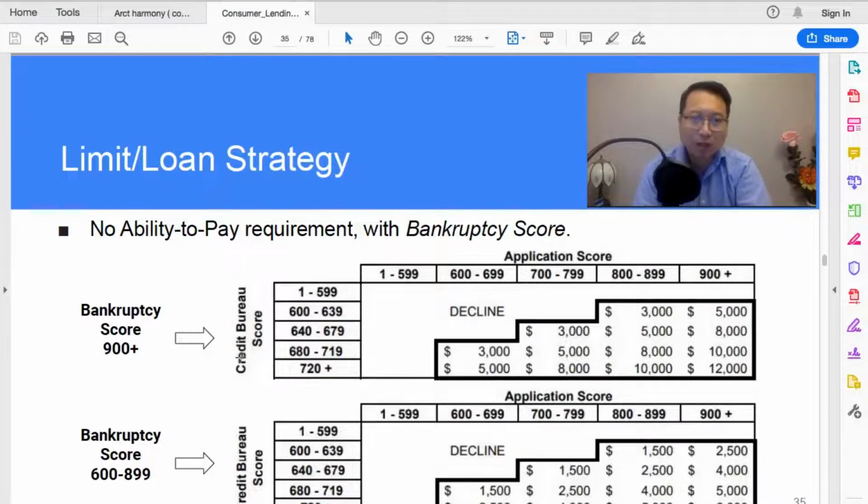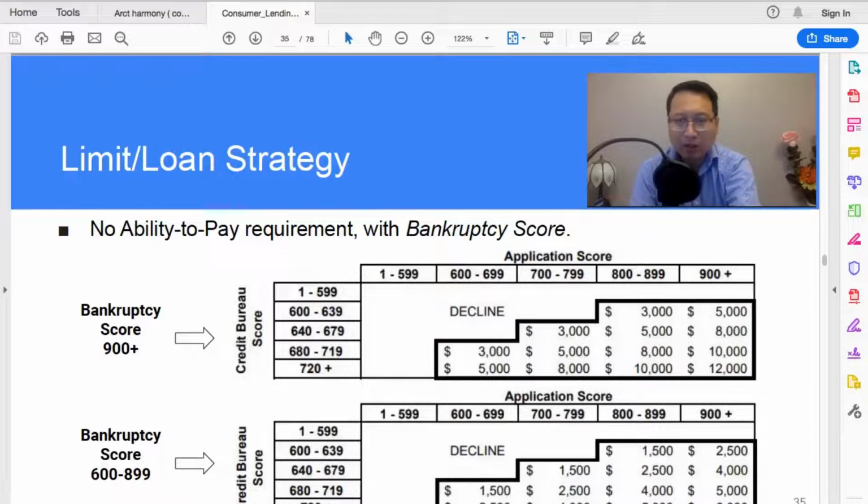So now we have two tables, right? On the top is the bankruptcy score 900 plus. That's the exact same strategy table we looked at just now, regular limit assignment. However, if your bankruptcy score is 600 to 899, now I have a reduced limit assignment table, right?